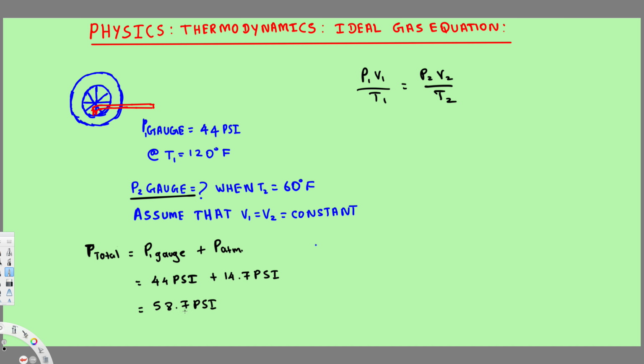So now the question is whether we keep this unit or not, right? Here we have volume. Since the volume is constant, we can cancel it on both sides. So we are going to have P1 over T1 is equal to P2 over T2. We are trying to calculate P2, so P2 is going to be equal to P1 times T2 over T1, right?